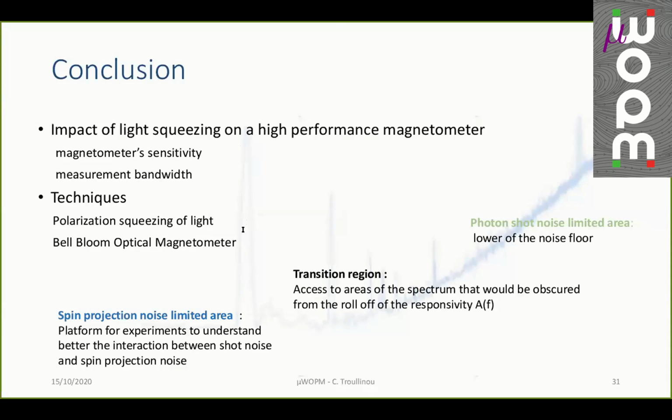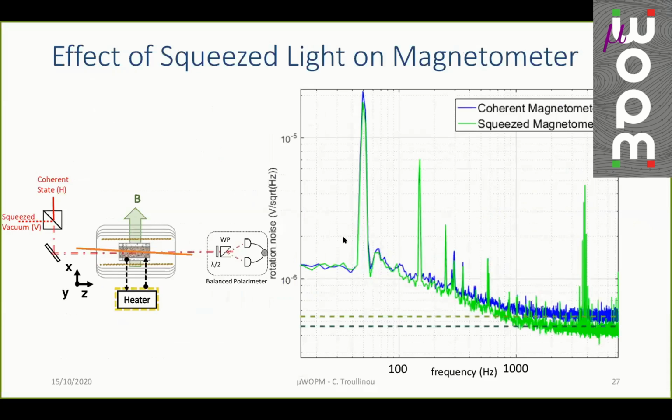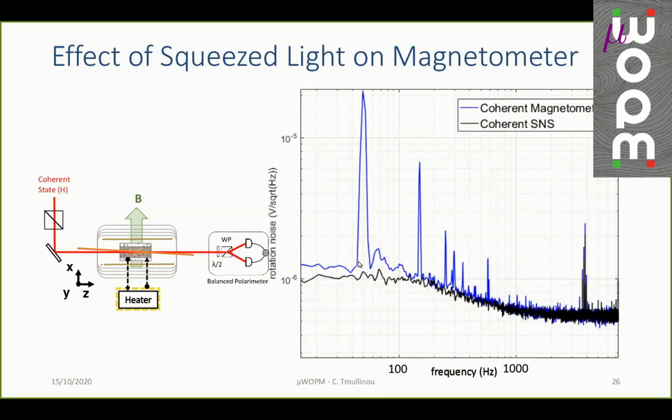Okay, so the one indication that would show that we are very close to being spin noise limited in the magnetometer, we are actually not, I want to say. In the lower frequency part of the spectrum, we see almost a nice overlap between the magnetometer spectrum and the spin noise spectrum.